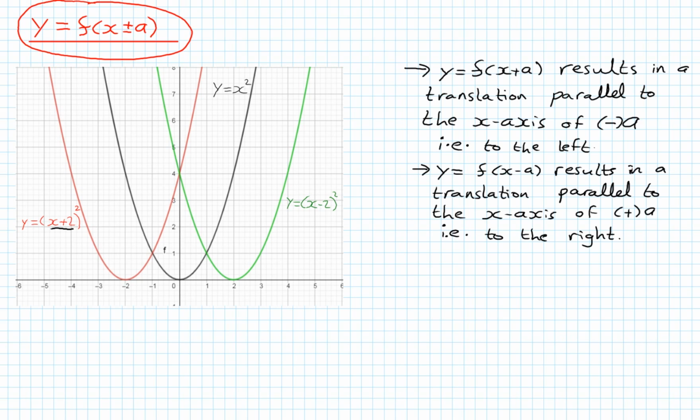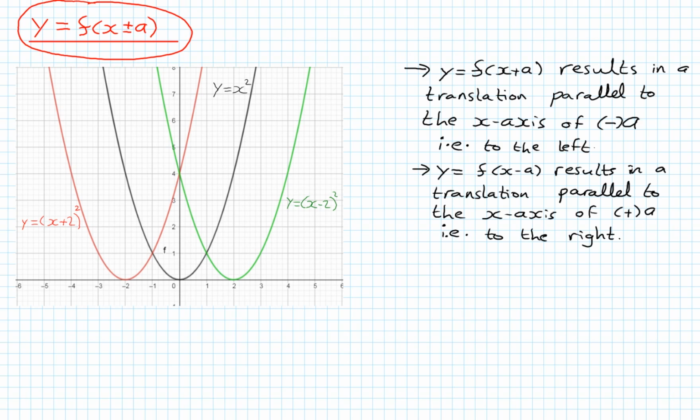When we add 2 inside, everywhere x is, it moves the graph to the left by 2 units. So as opposed to x squared, it's x plus 2 squared. And we see the same when we do minus 2: it goes from being here and moves 2 units to the right.